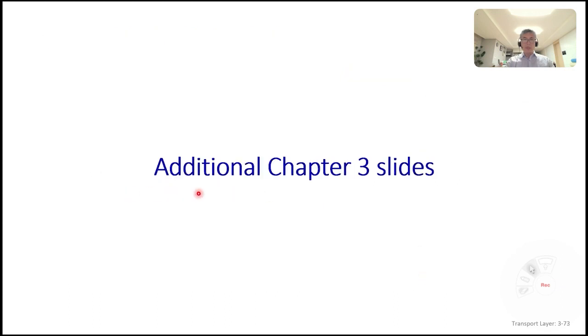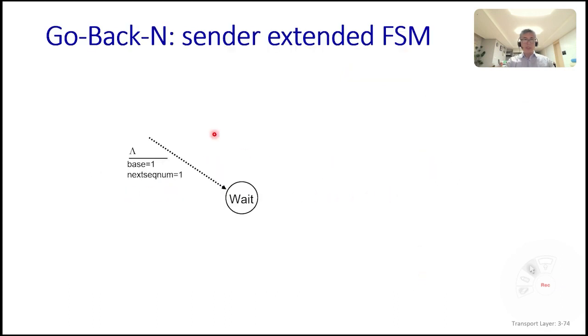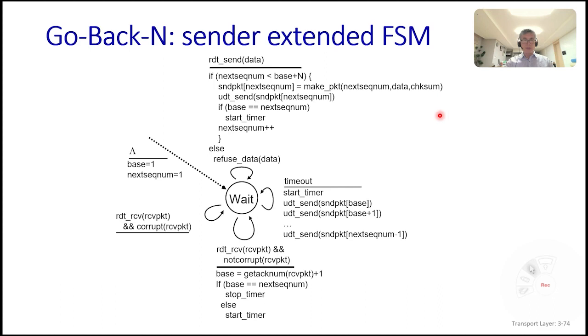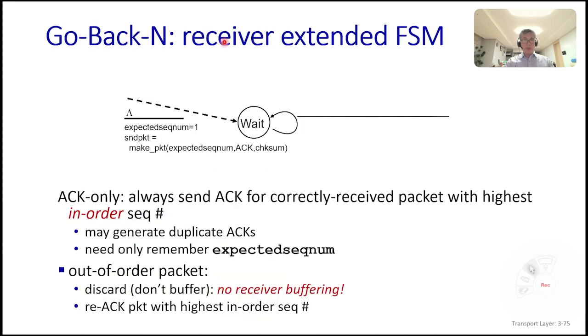Also, we have additional chapter 3 slides. Go-Back-N sender extended finite state machine here. You can refer to this one. The Go-Back-N receiver extended finite state machine. You can refer to that.